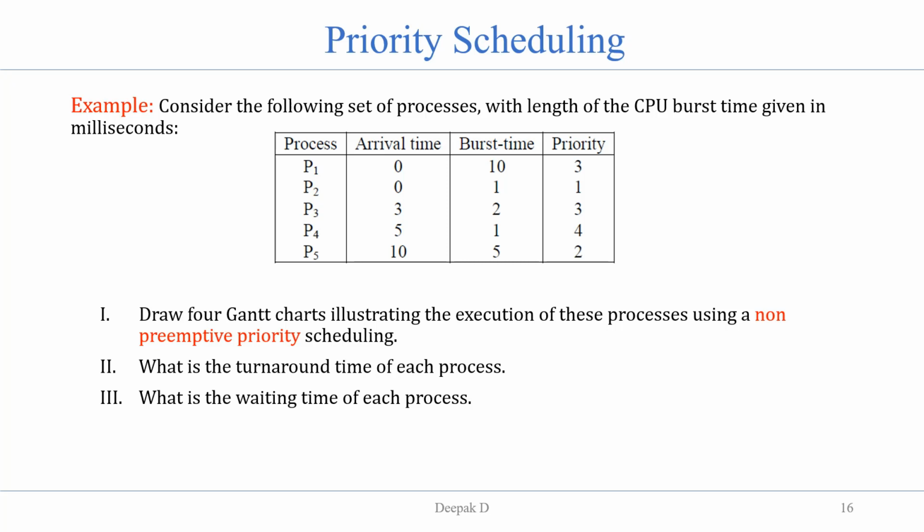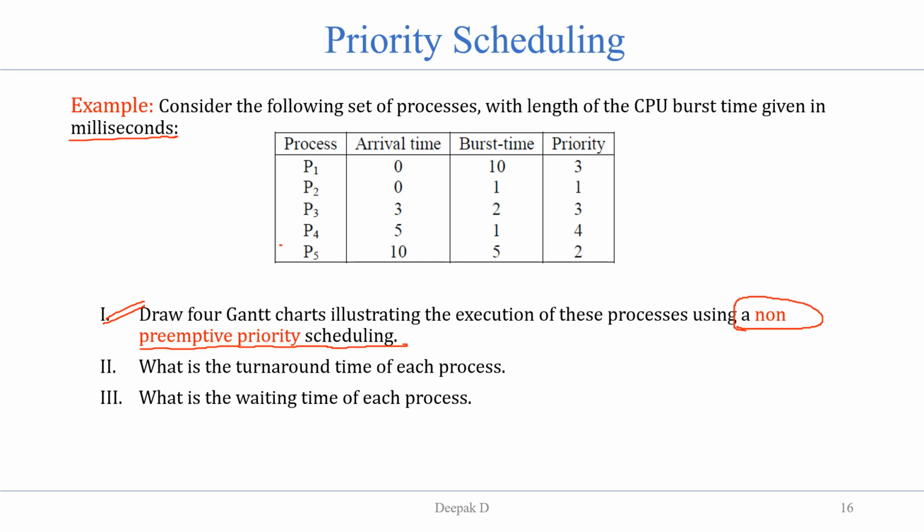So in this example, we'll consider 5 processes and the length of the CPU burst time, which is given in milliseconds. And what you need to do, you need to draw the Gantt chart illustrating the execution of these processes using, remember this one, non-preemptive priority scheduling.